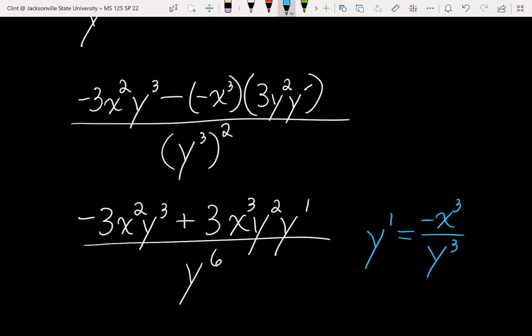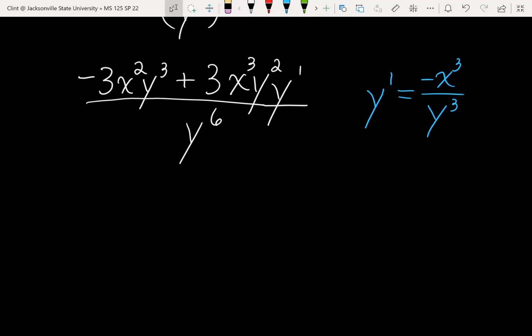So let me change how I've got this written a little bit. That y prime was in the top, so I'm trying to get too cute. Sorry. So what do we substitute?